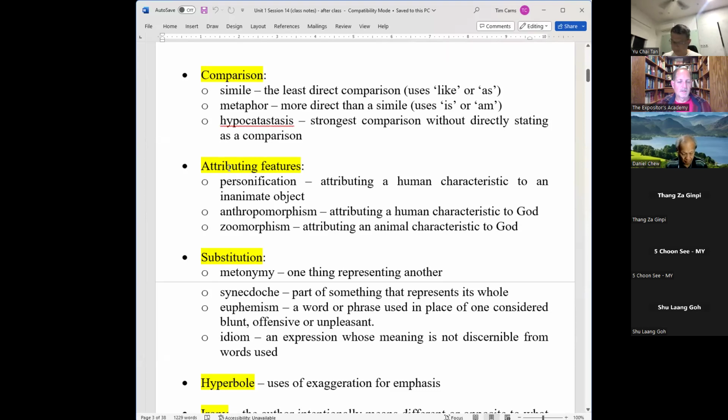Attributing features: that's where a human characteristic is attributed to a non-human object. That's personification. And if it's attributed to God, the hand of God, the face of God, that's an anthropomorphism. An animal characteristic describing God would be a zoomorphism. Again, those would be figurative because God does not have those features.